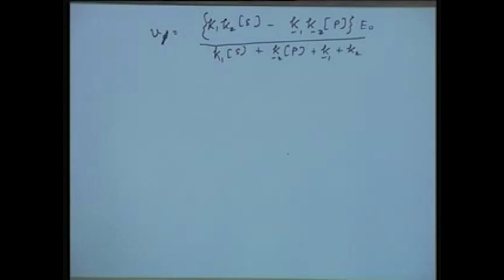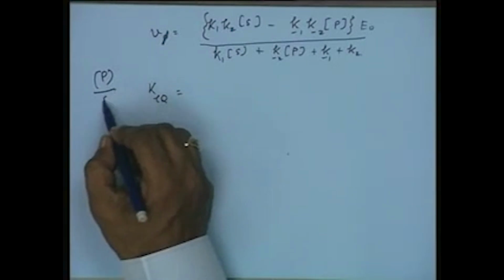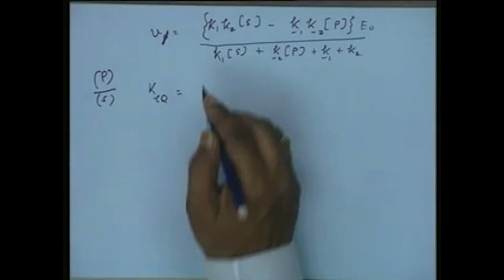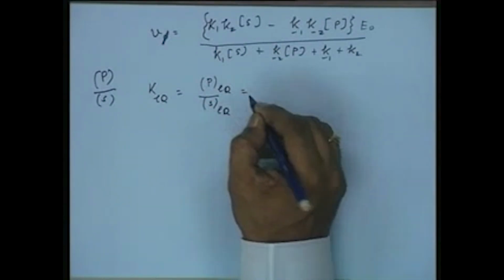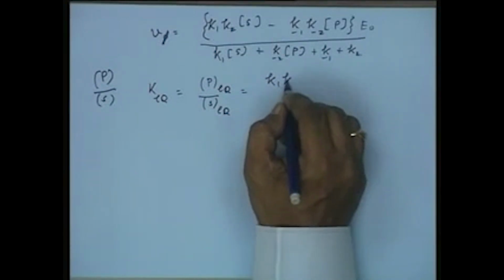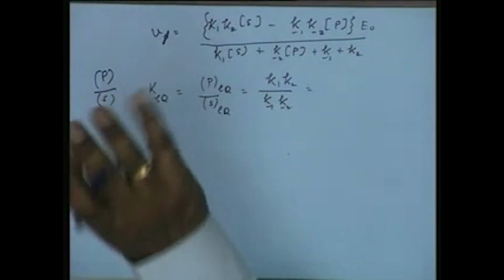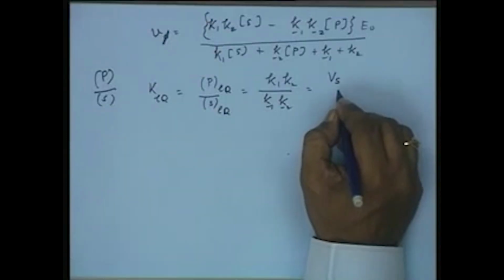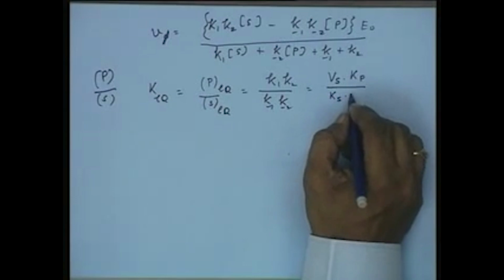That means the equilibrium constant is the one where the rates of forward reaction and backward reaction are identical, and the value of the concentration of product upon substrate at V equal to 0 will be P at equilibrium upon S at equilibrium, and that can be derived to arrive at K1 K2 upon K minus 1 K minus 2, or in terms of the basic kinetic parameters, maximum reaction velocity based on substrate into Michaelis-Menten constant based on product upon Ks into Vp.